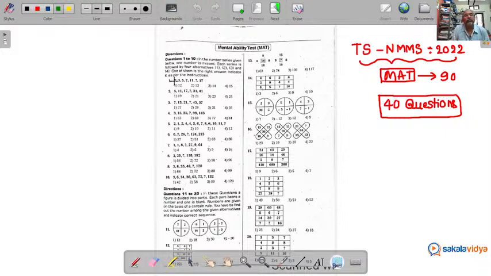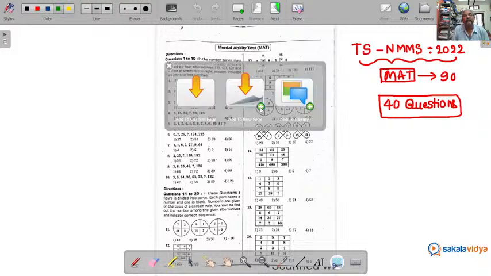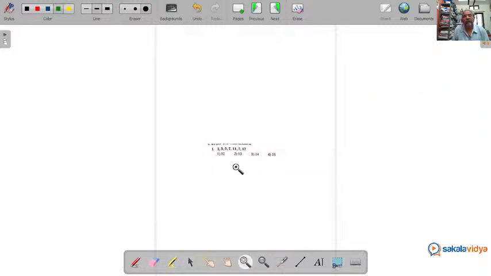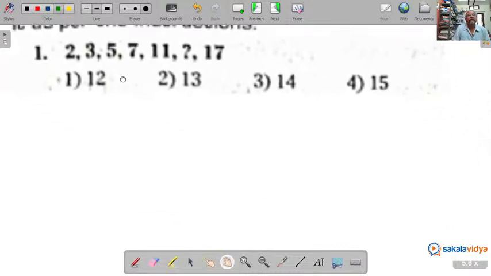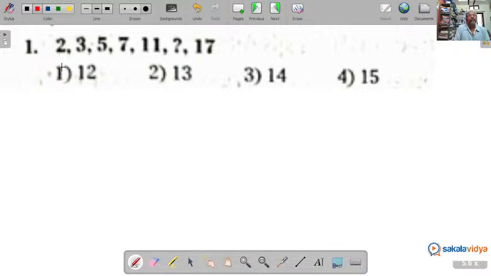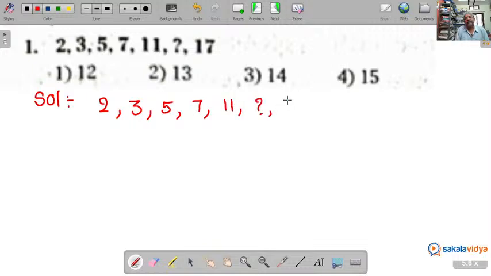Let us move to the first question. Let me write here what is given: 2, 3, 5, 7, 11, question mark and 17.